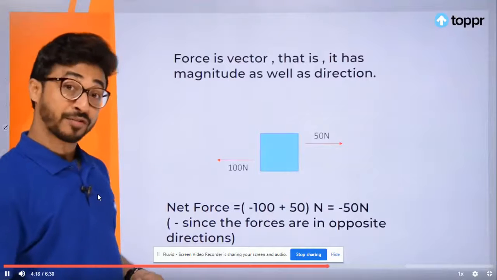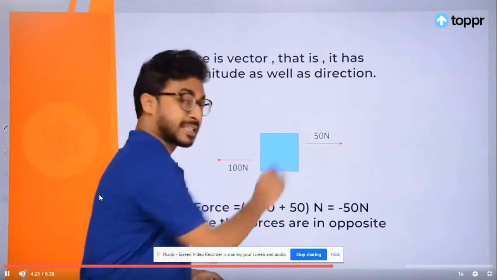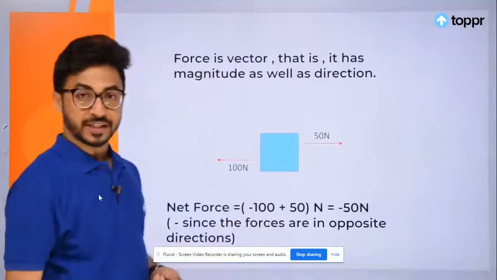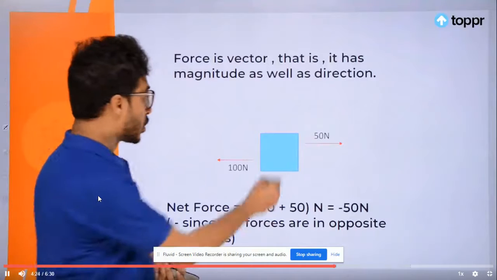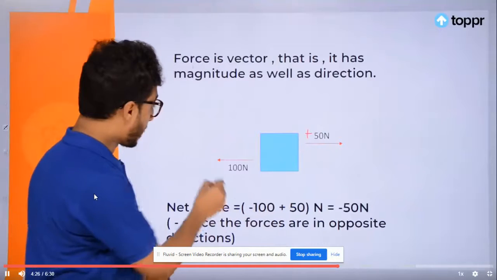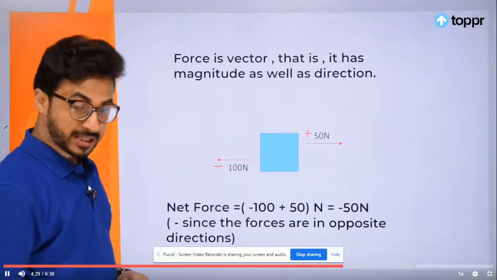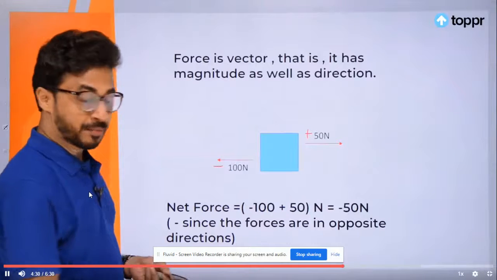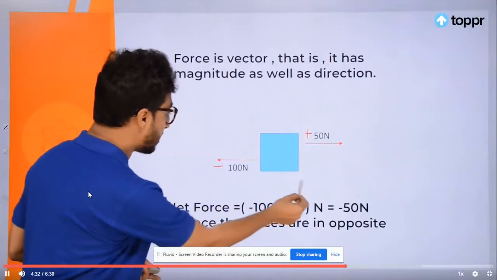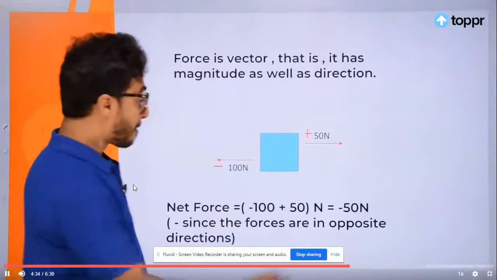Again, this one is very interesting. This direction is 50, this direction is 100. So this is plus 50, this is minus 100. Right? So if you add them, plus 50 minus 100 is equal to nothing but minus 50 Newton.